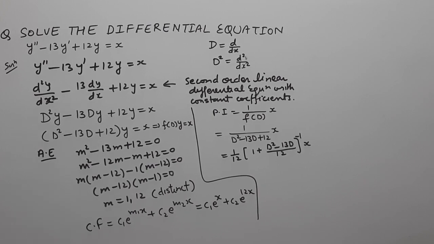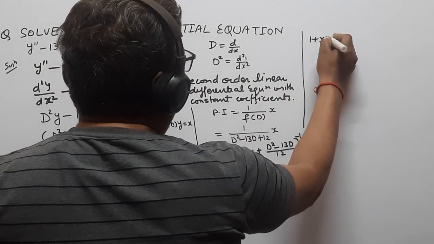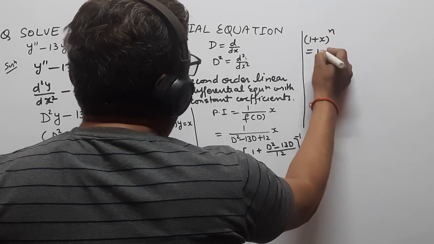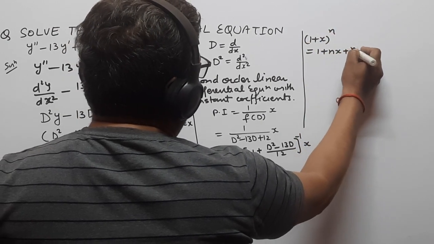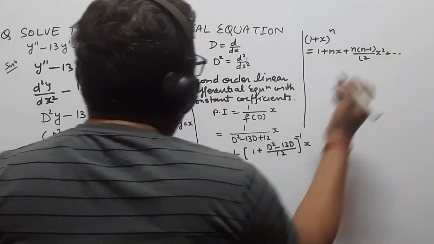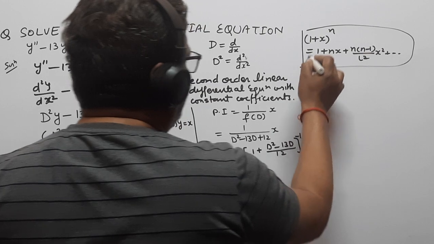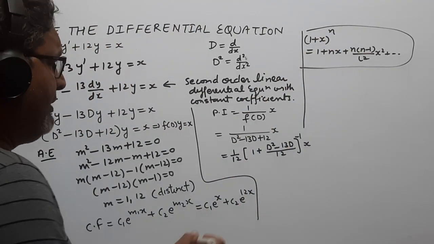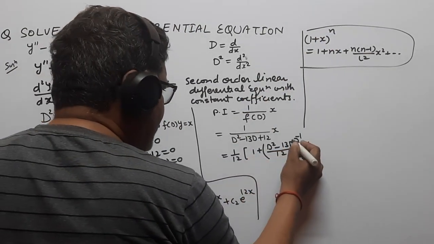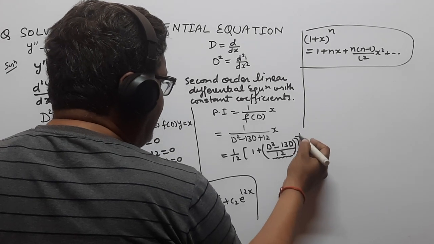We know that the expansion is 1 plus nx plus n into n minus 1 upon factorial 2 times x square and so on. Suppose this is x here and this is n here.